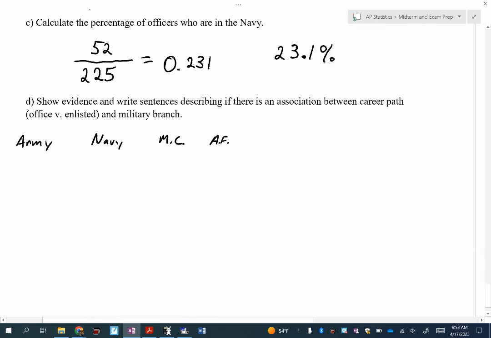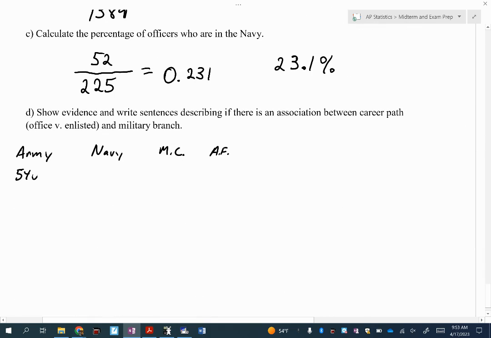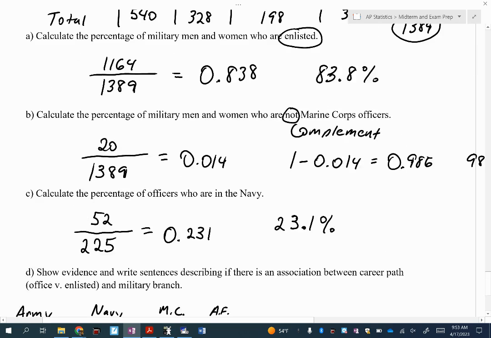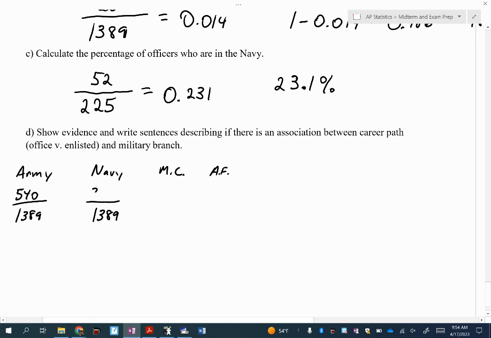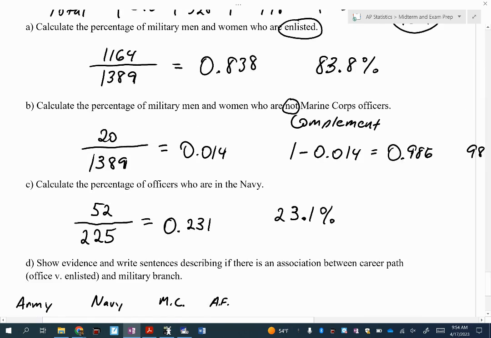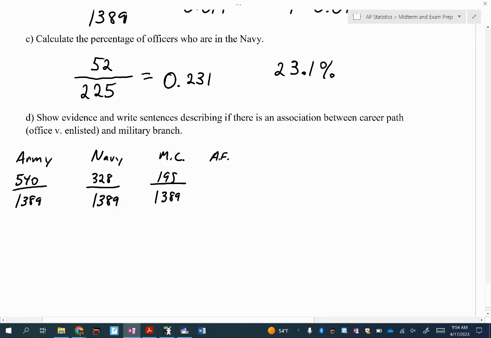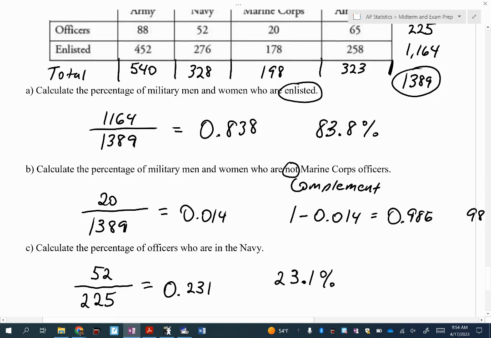So I'm going to do 540 out of 1389. How many are Navy out of 1389? 328? How many are Marine Corps? 198. And how many Air Force? 323.